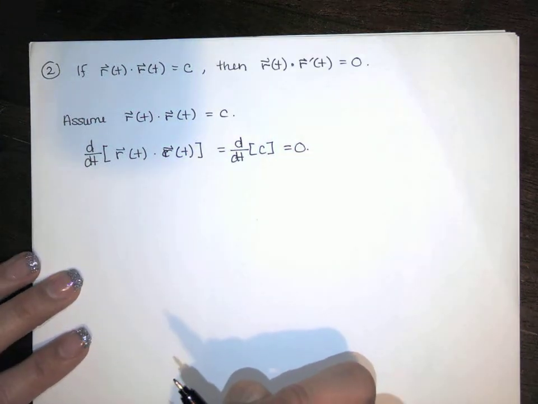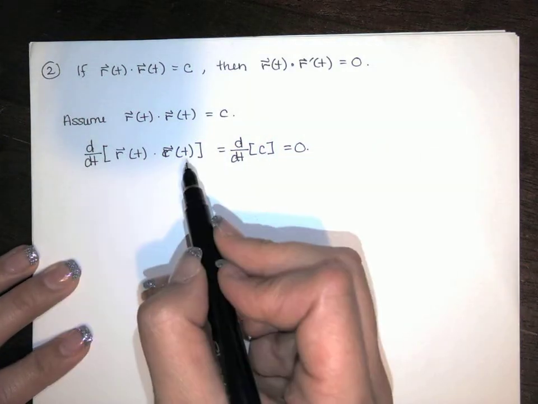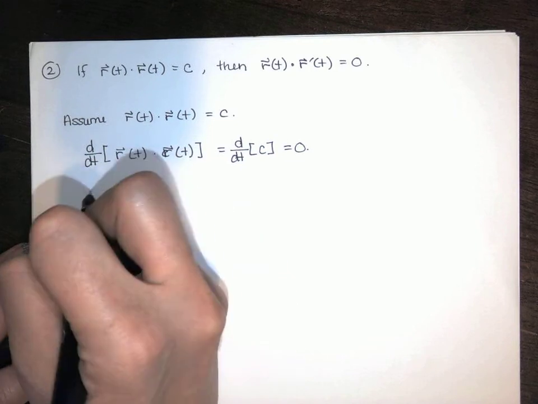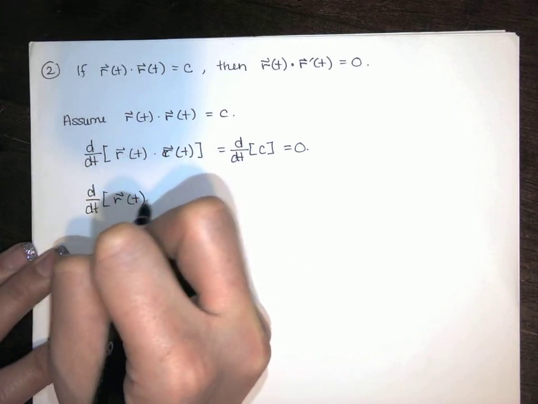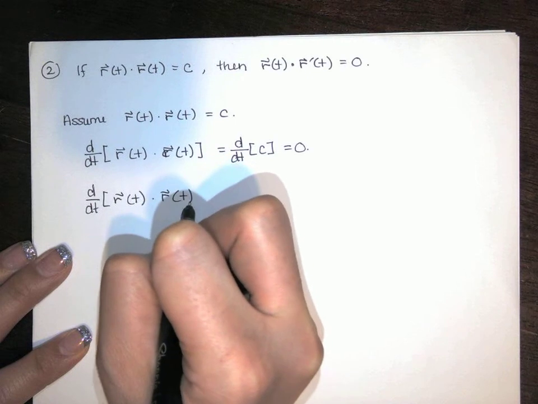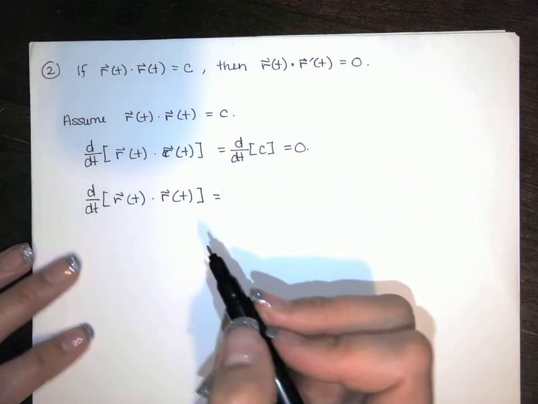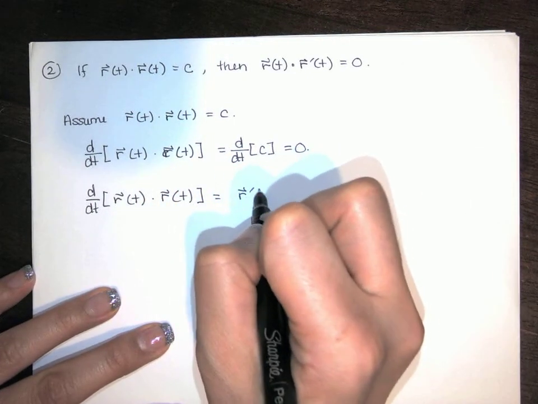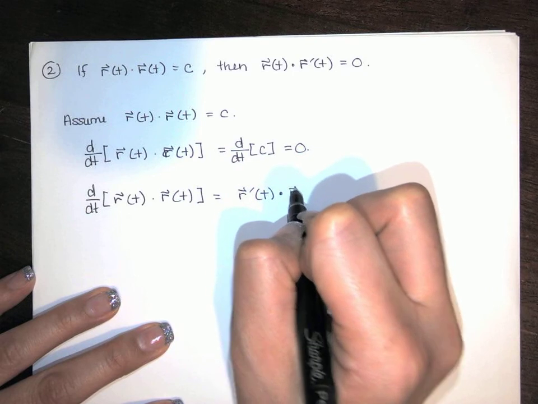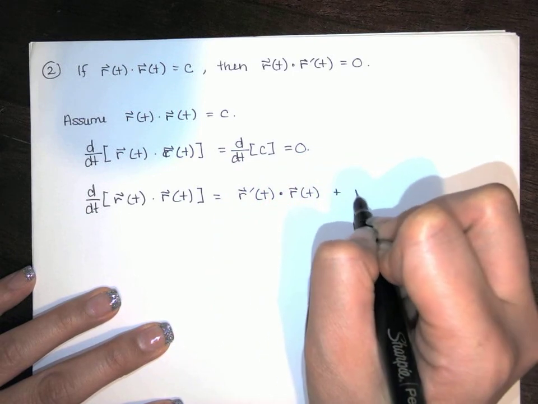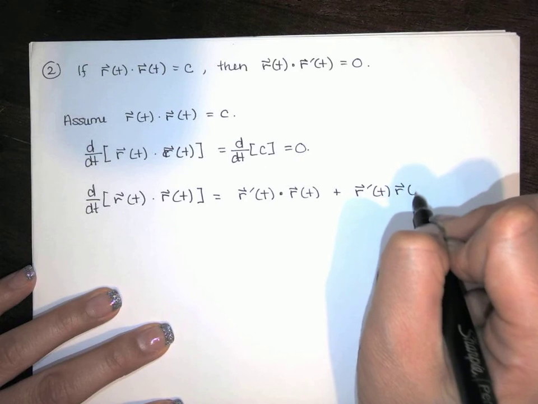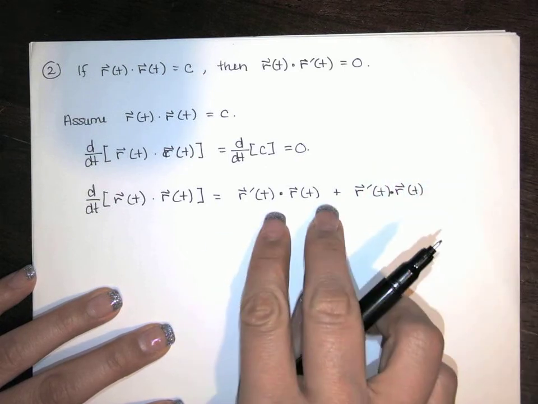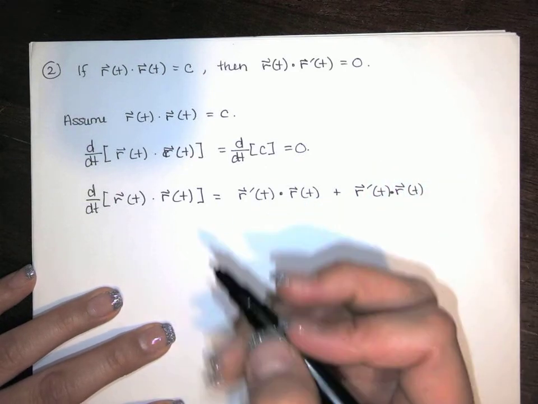Okay, so what? Well, according to that last thing that we proved, the derivative of r dotted with r is the derivative of the first function dotted with the second, plus the derivative of the second function, which also happens to be r, times the first. But it's a dot product, and dot products are commutative, so you can change the order if you prefer to.